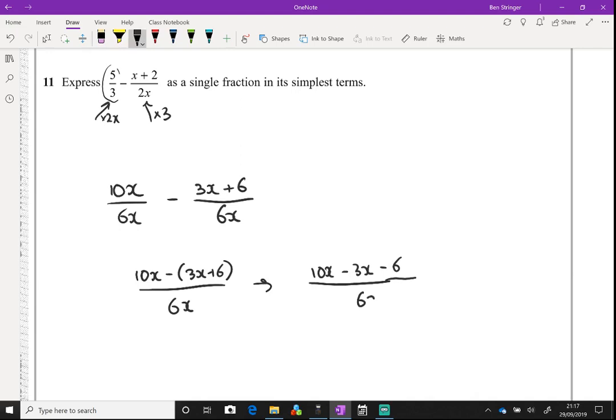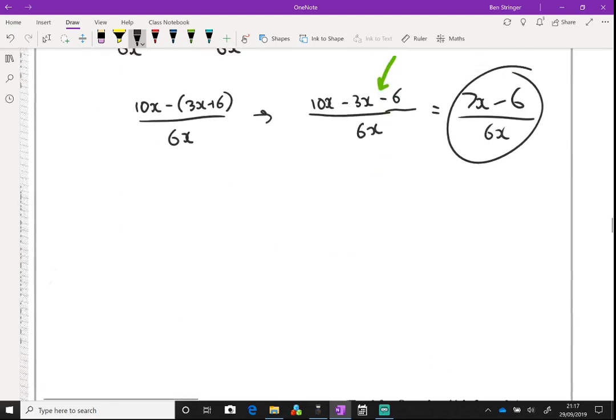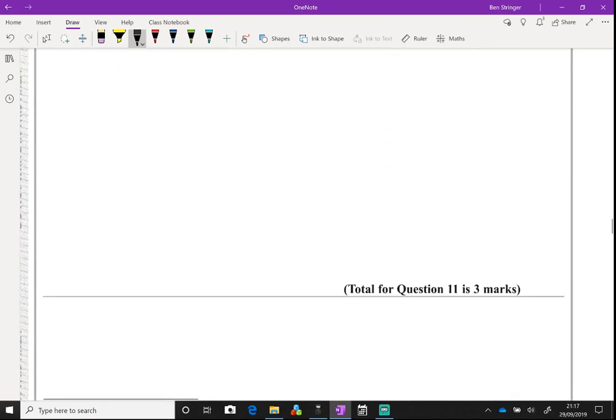I know a lot of people will make the mistake of putting that as a plus 6, but it's not, because technically this is plus 0, and it's 0 take away 6, just as it's 10x take away 3x, so it will be a negative 6. I prefer to put in a bracket just so I never make that mistake. So simplifying the top, 7x take away 6 over 6x. I can't cancel it down because 7, 6 and 6 only have 1 in common.